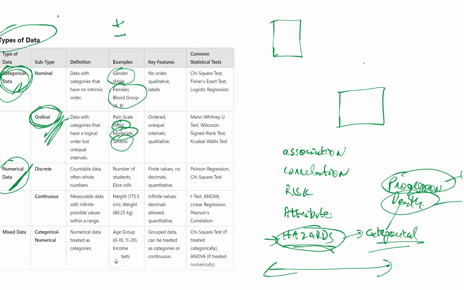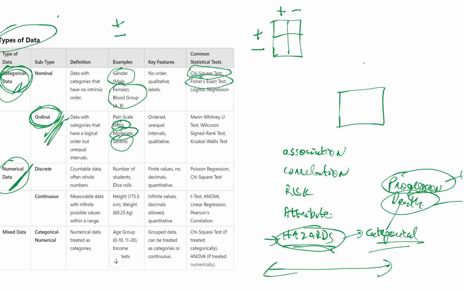So if you have two categorical variables, such as treatment or no treatment, with progression or no progression, then we are dealing with categorical data, and we need to do a chi-square test. Chi as in categorical. If you're dealing with very small numbers, then we do a Fisher test.